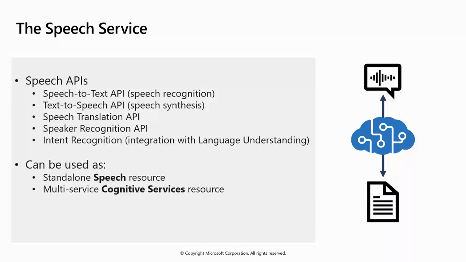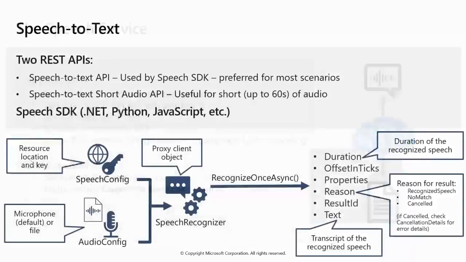Okay, this service can be used as a standalone speech resource, like the cognitive services, or a multi-service cognitive services resource. Okay, so let's talk about the first of these services, speech to text. There are two REST APIs, one specifically for short bursts of speech, and the other for batch and custom speech recognition.